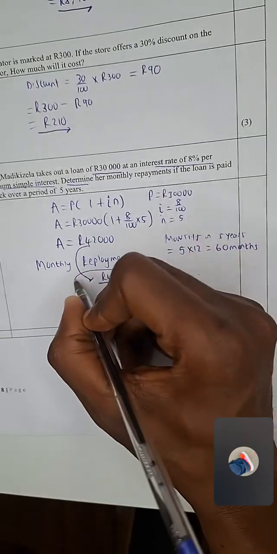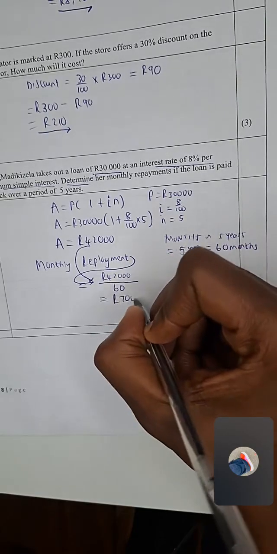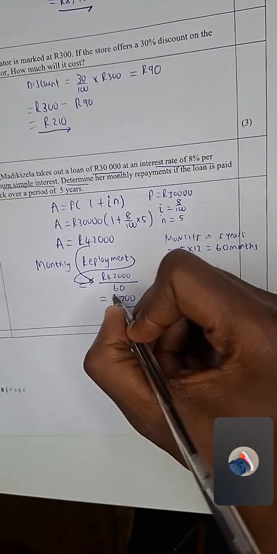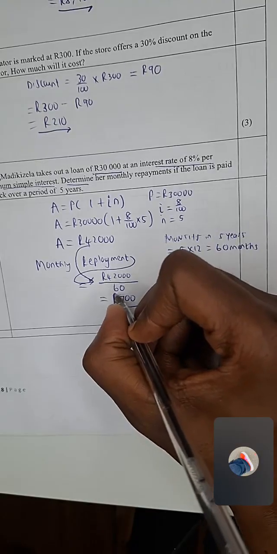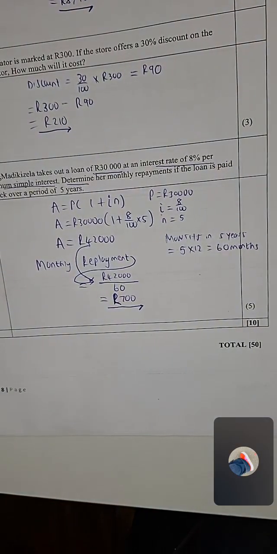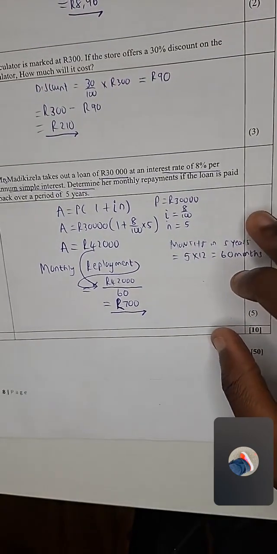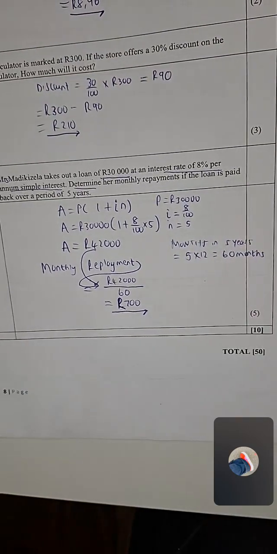So the monthly repayments that she is going to have to make, she's going to have to pay a basic 700 rand every month, so that after 5 years she will have settled the loan together with the interest that was charged to her.